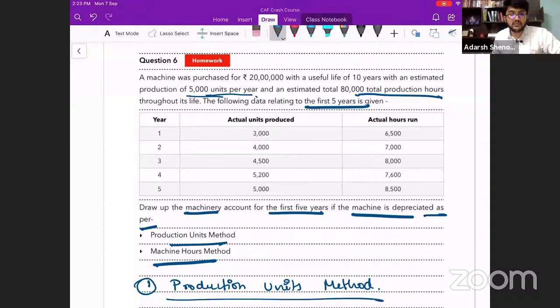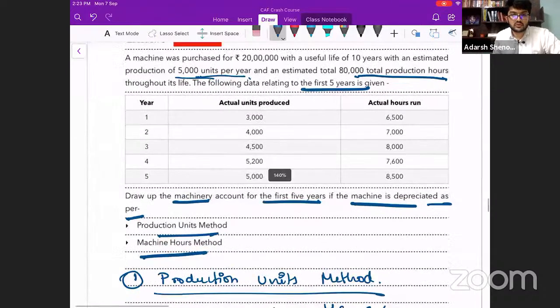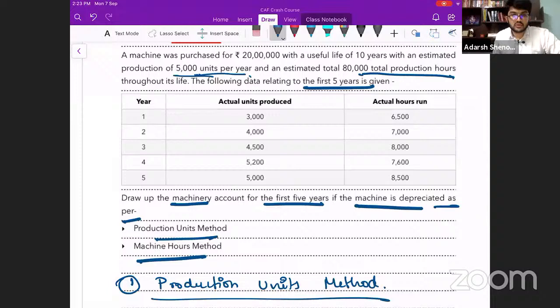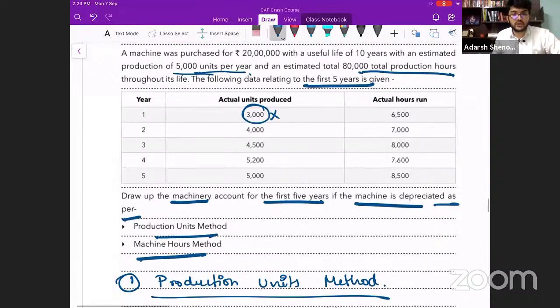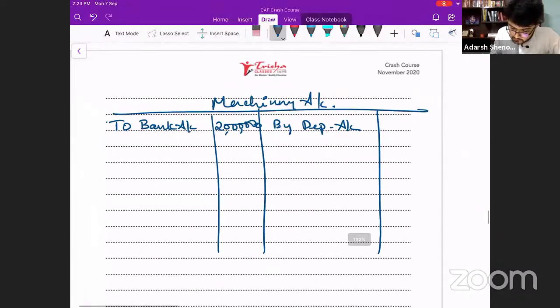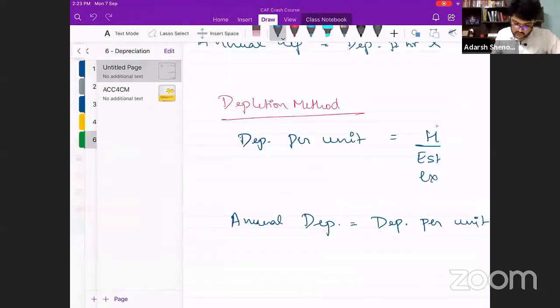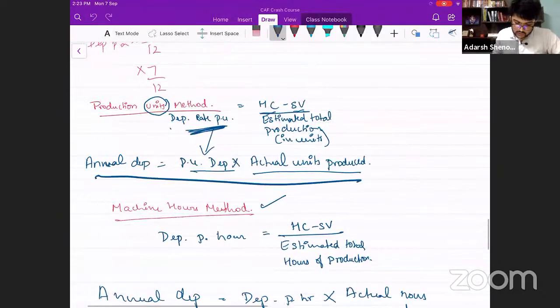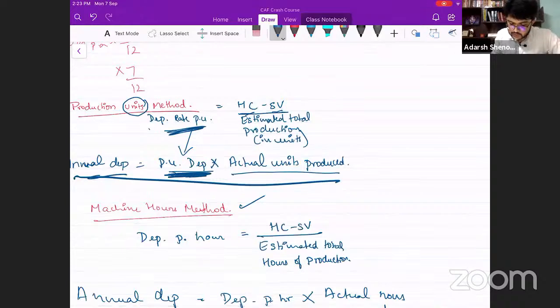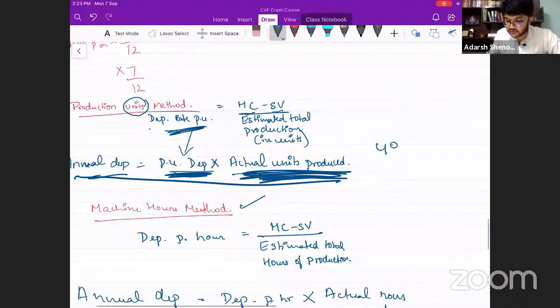So can someone tell me what is the depreciation? ₹40 into 3,000 actual units produced. What is the formula for depreciation? I had this discussion, right? Here, production unit, annual depreciation is equal to per unit depreciation into actual units produced. How much is the actual units produced in this case? 40 rupees is the per unit depreciation, which we calculated already, into 3,000 units.